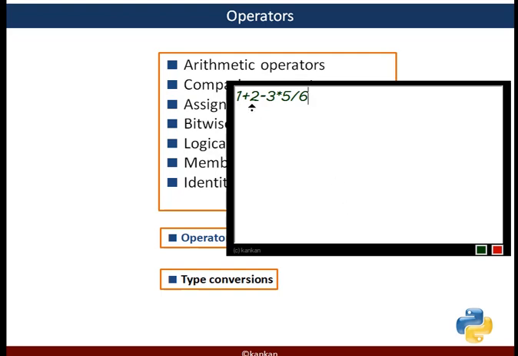Which operation will be taken first, plus, star or division? Basically there is a precedence rule, which is also applicable in the Python language. What is the precedence rule? First, in an arithmetical expression, the exponent has the highest precedence.